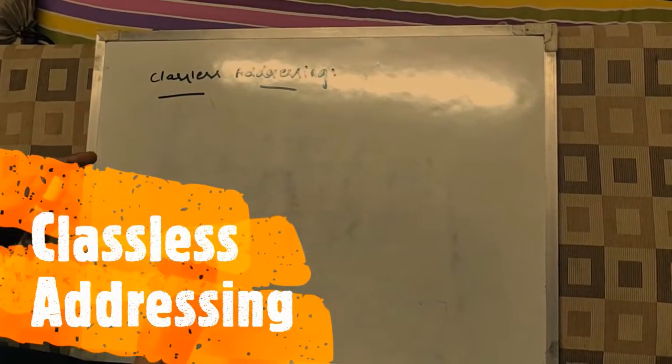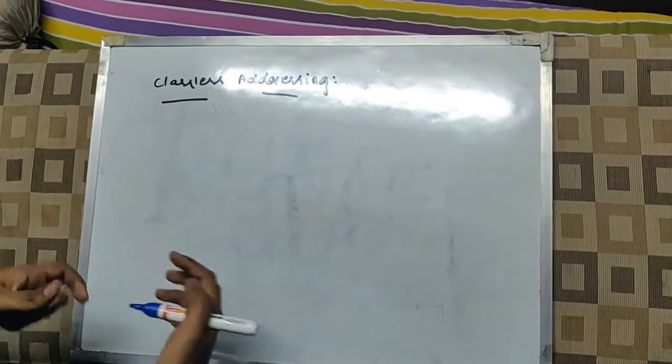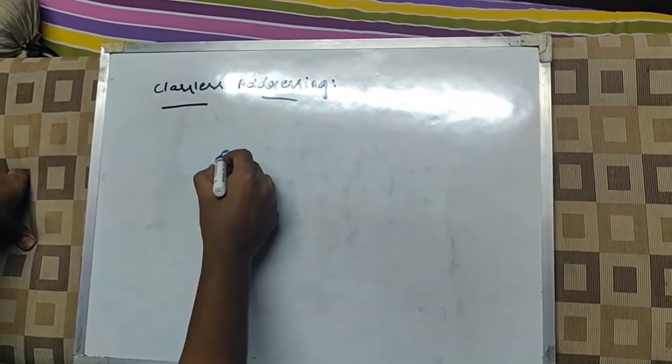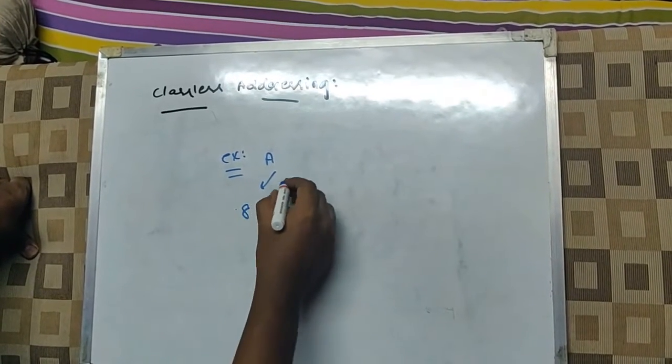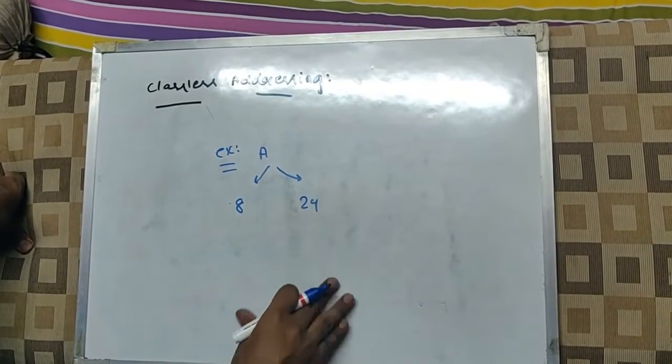We'll now discuss the shortcomings of classful addressing. Let's take class A, which consists of 8 bits for the network and 24 bits for the host.